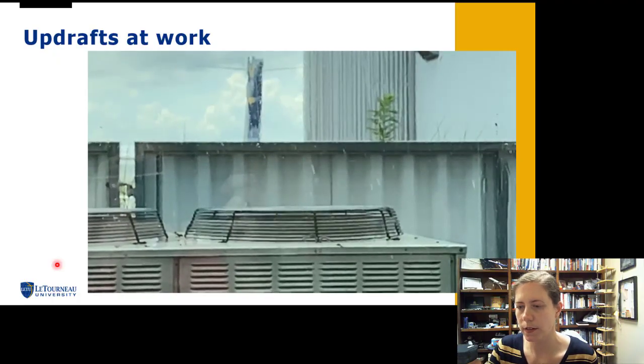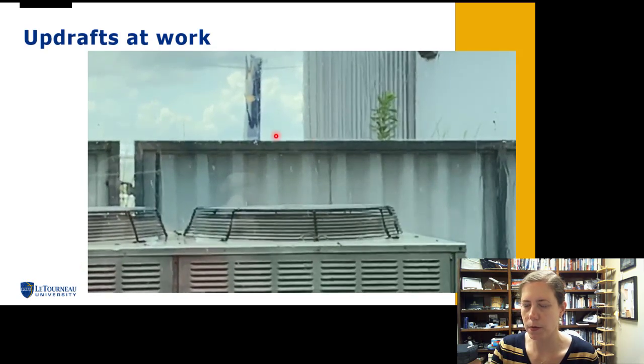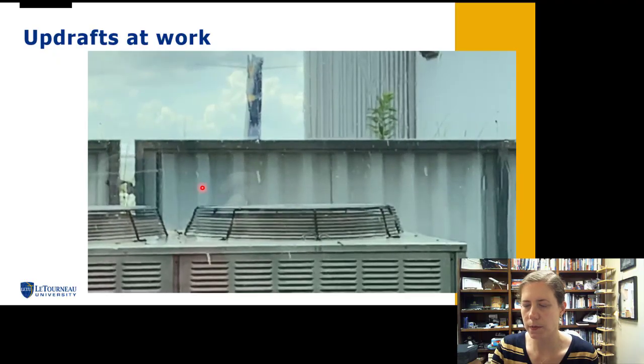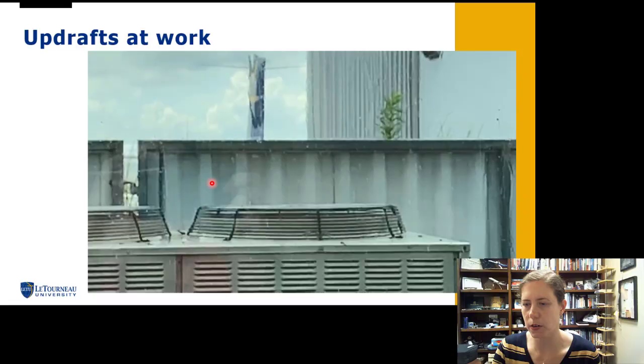So here is the slow motion part of the video, and if we take a look at what is going on just right above this air conditioner, the air conditioner is running, you can just barely see that we have some movement upward of these small precipitation particles.